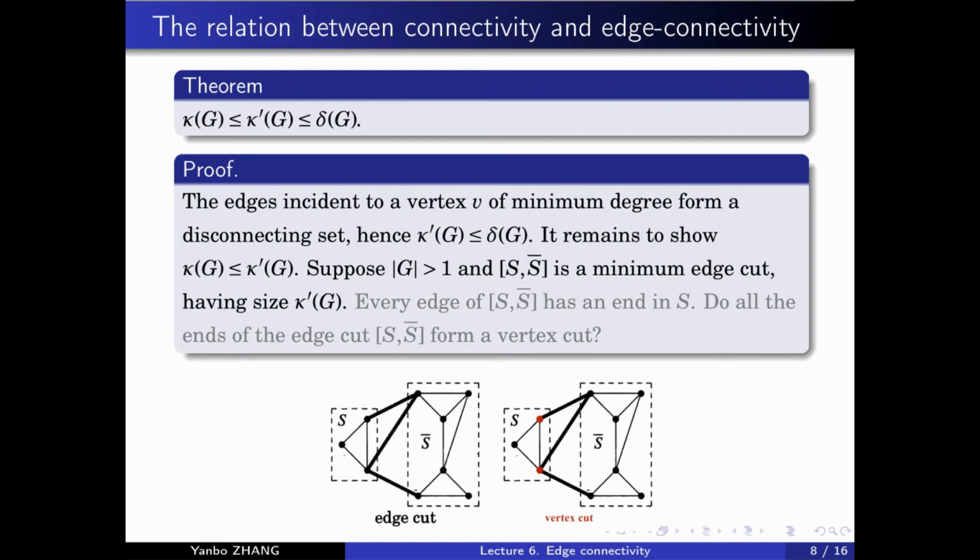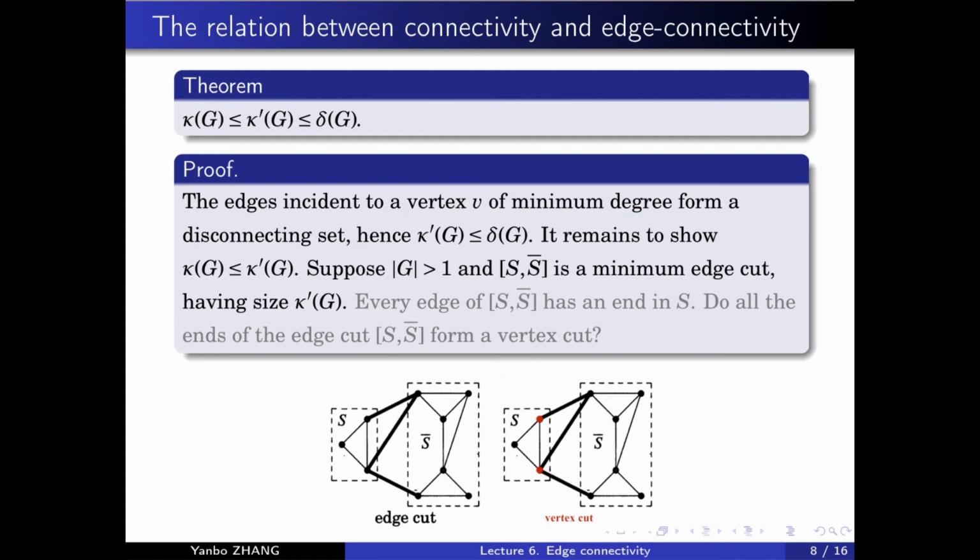Every edge of the cut has an end in S. The two ends form a vertex cut. For any edge cut, do all the ends of the edge cut form a vertex cut?